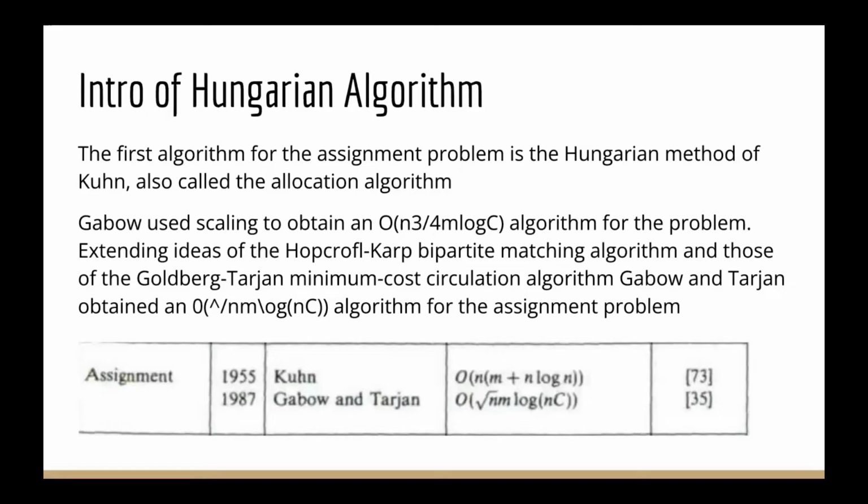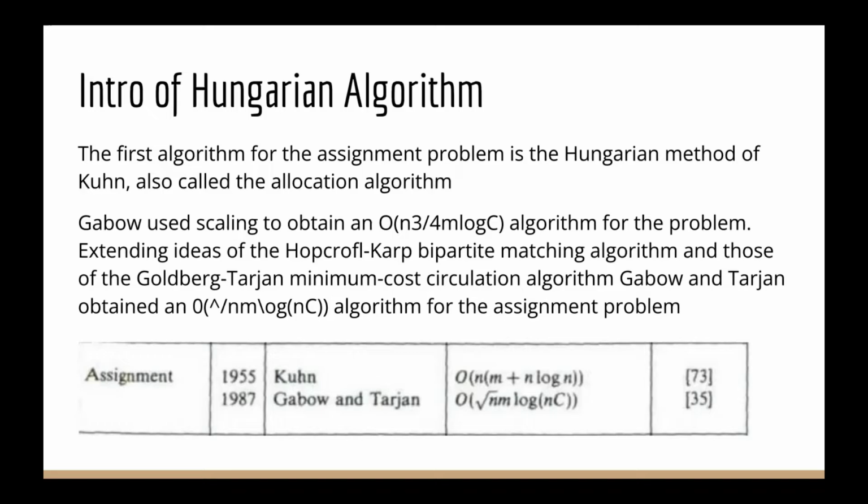The first algorithm for the assignment problem is the Hungarian method, and it is also called the allocation algorithm. And the Hungarian method is a combinatorial optimization algorithm that solves the assignment problem in polynomial time.